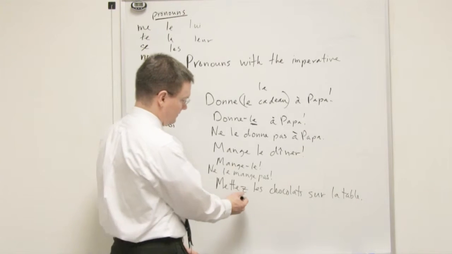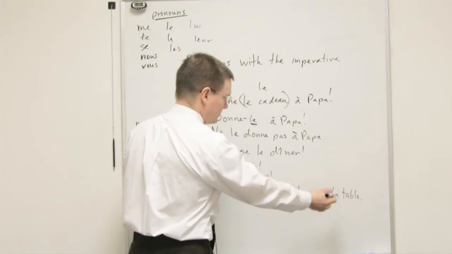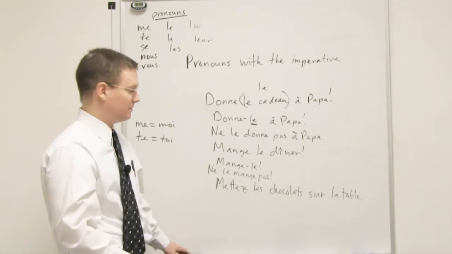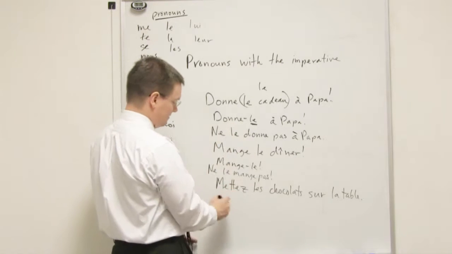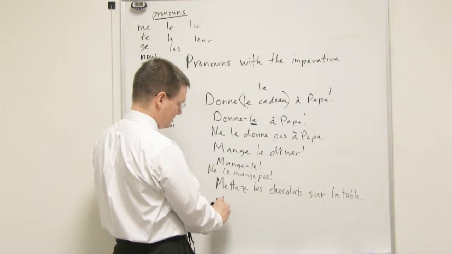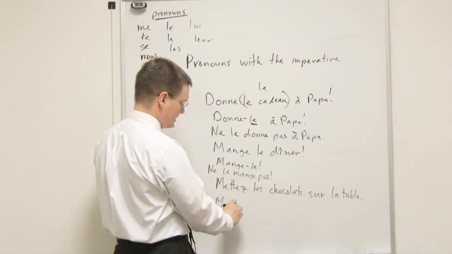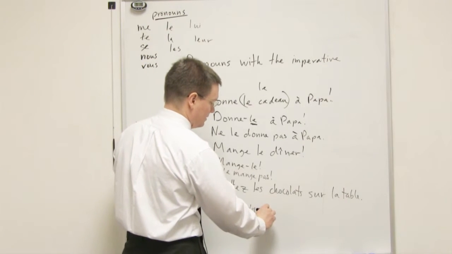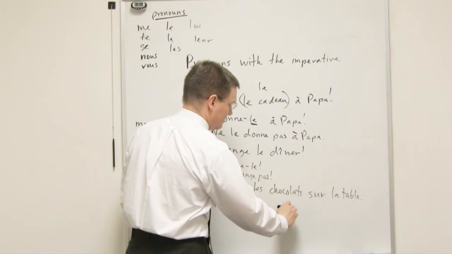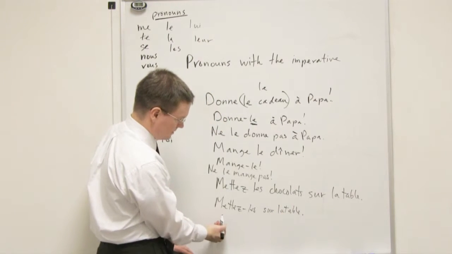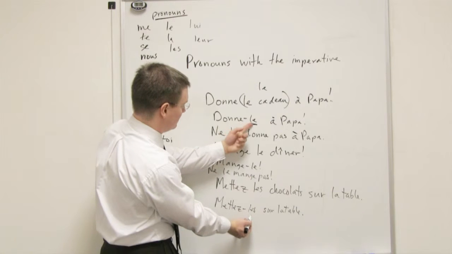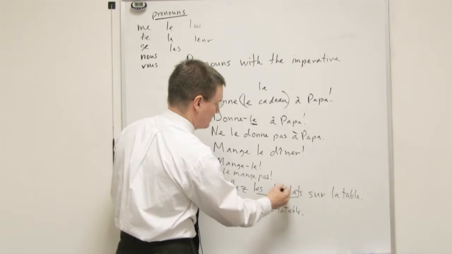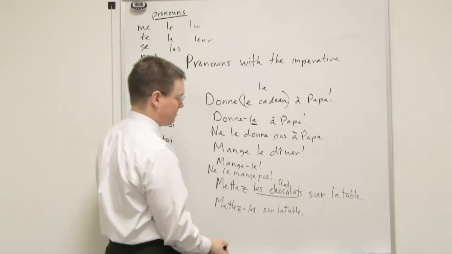So here, if we have "put the chocolates on the table," by analogy, we would have a very similar thing. "Put them on the table." Mettez-les sur la table. Notice, put them, it's exactly like this phrase here, except here it's plural because it's a direct object and it's plural, so we use les.